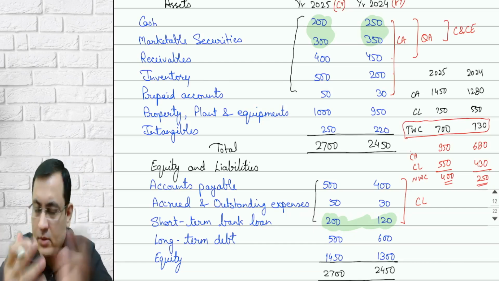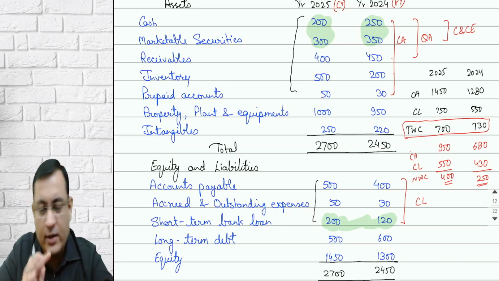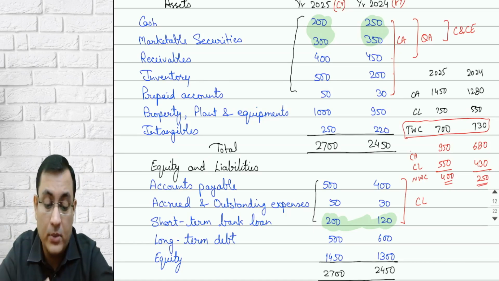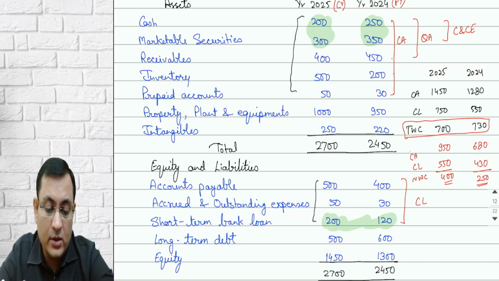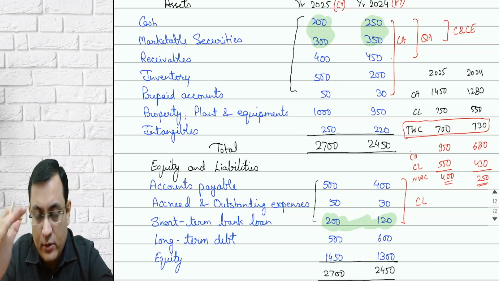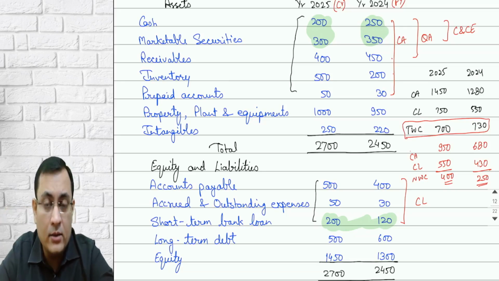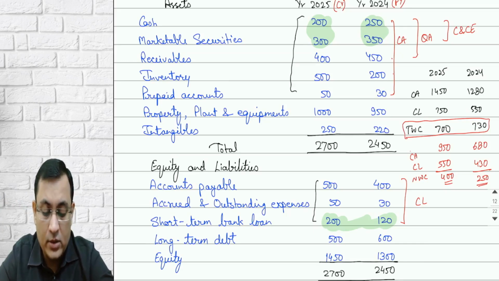It's not necessary that if TWC is increasing, NWC should be increasing. It depends on the numbers, because your cash and marketable security earlier was 600, now it is reducing to 500. That is why your current asset is going down, and your total working capital is going down, and you have increased your term loan, bank loan.